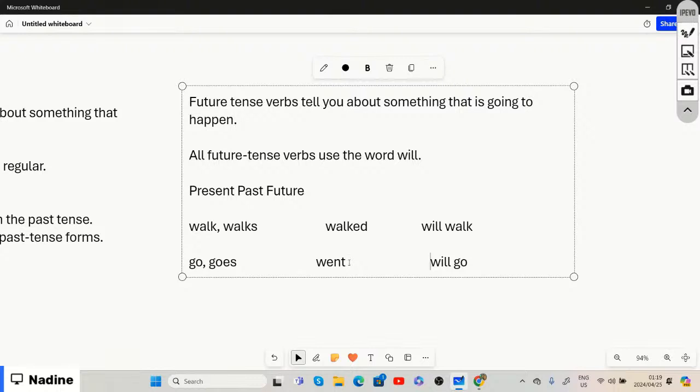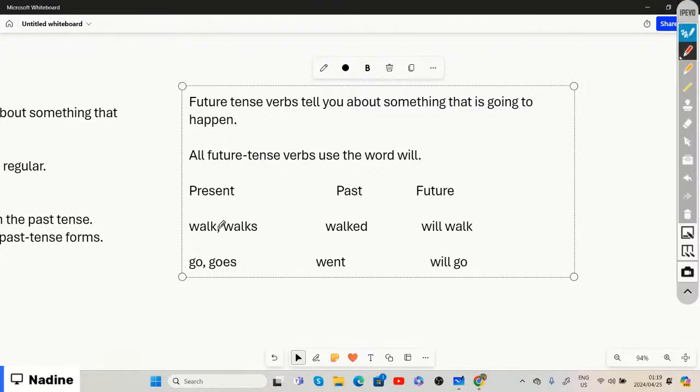If we look at the present tense form of a specific word, here's a specific word that's in the present. It can either say I walk, or they walk, so it's either walk or walks, right?